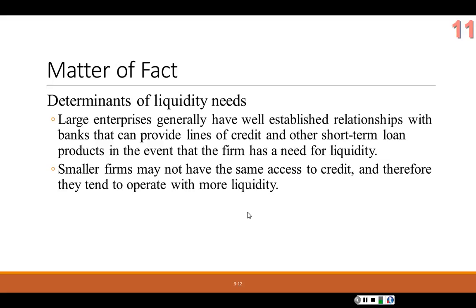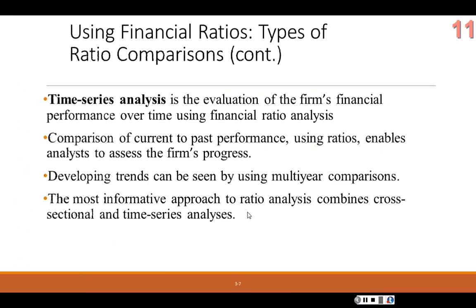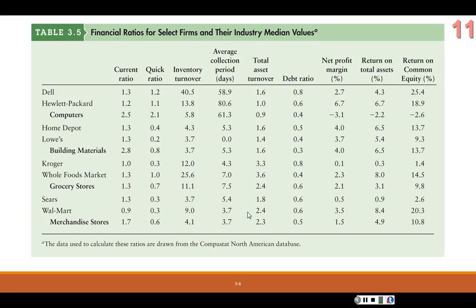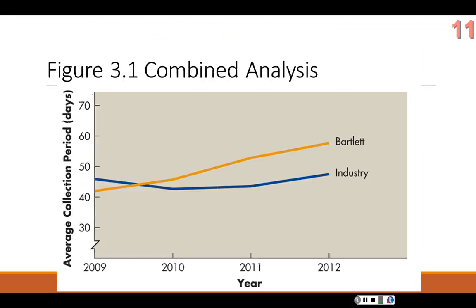For example, if you look at our ratios that we just viewed right here on slide 6, you see that Lowe's and Home Depot have a current ratio that is half the industry average. Large companies generally have these well-established relationships with banks that they can access if they are facing liquidity problems, so they don't need to have large stores of cash.